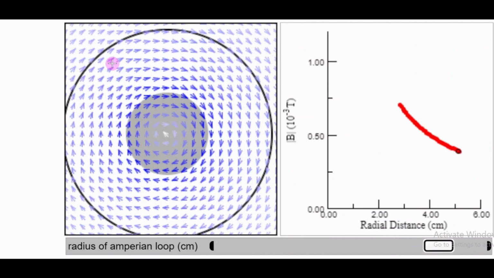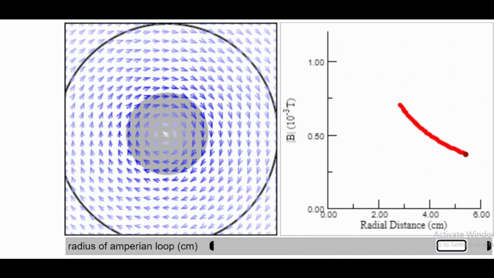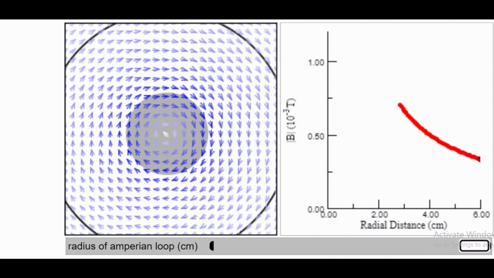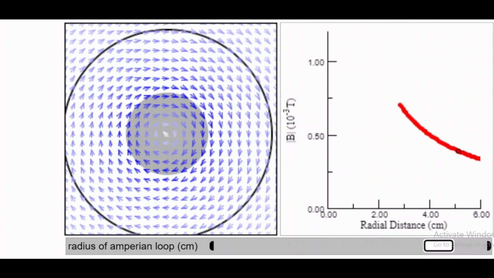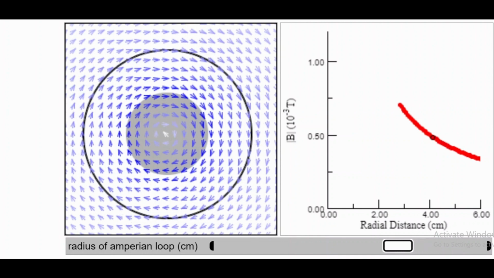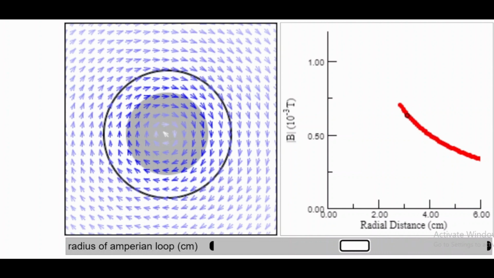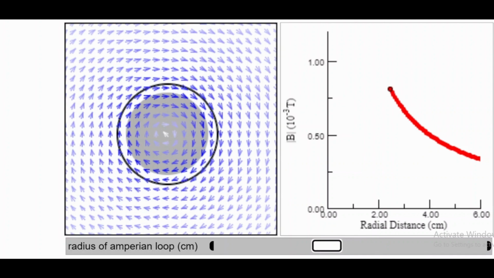This is because when the radius is increased, the magnetic induction is decreased, as I discussed in the previous simulation. And similarly, if we decrease the radius of the circle, then the magnetic induction will increase.